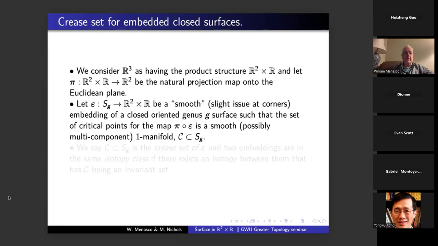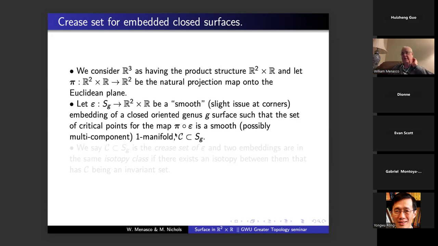With a little bit of playing around, say with Sard's theorem, you can get this genus G surface to have the set of critical points be a smooth, possibly multi-component one manifold.